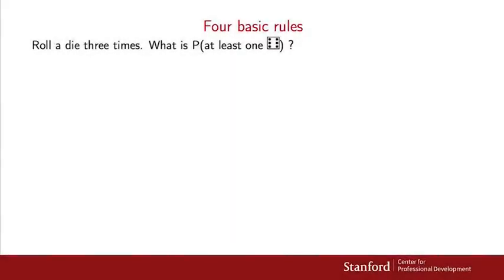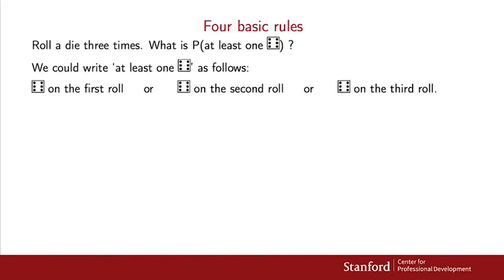So let's do an example to apply these rules. Let's roll a die 3 times. We want to compute the probability that we get at least one 6 in the 3 rolls. So how would we do that? One idea is to write the event at least one 6 as follows. It could mean a 6 on the first roll, or a 6 on the second roll, or a 6 on the third roll.